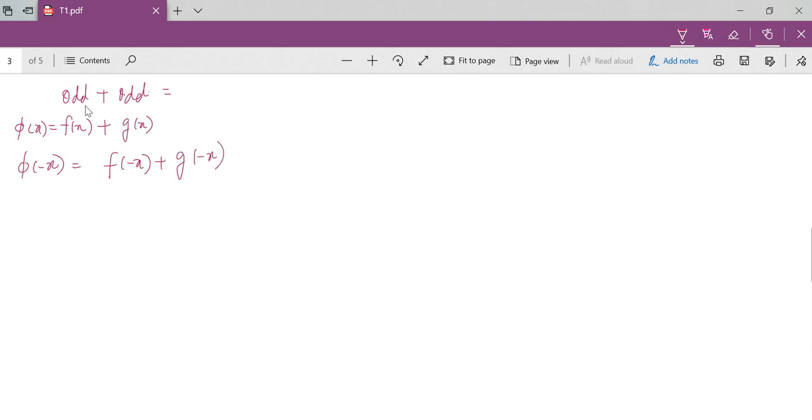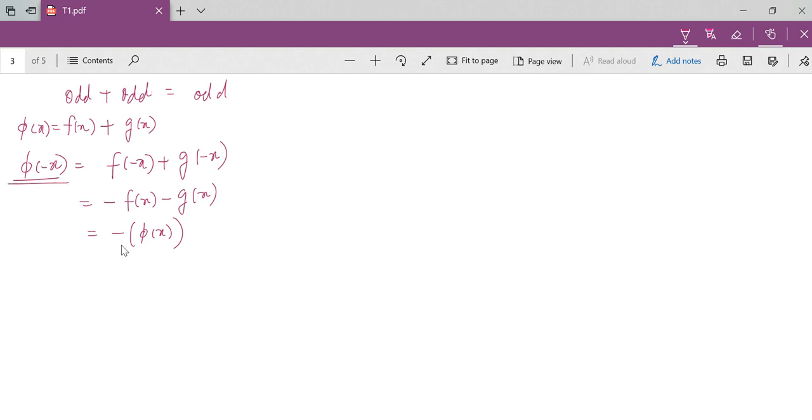And since it's an odd function, I know this is minus of f of x, and I also know this is minus of g of x. So this is minus of f of x plus g of x, which is phi of x. What did you see? Of course, this is an odd function, because phi of negative x is minus phi of x.